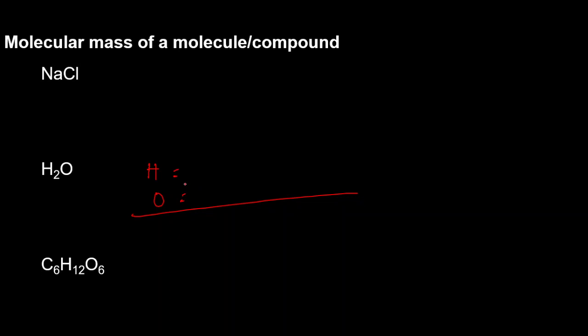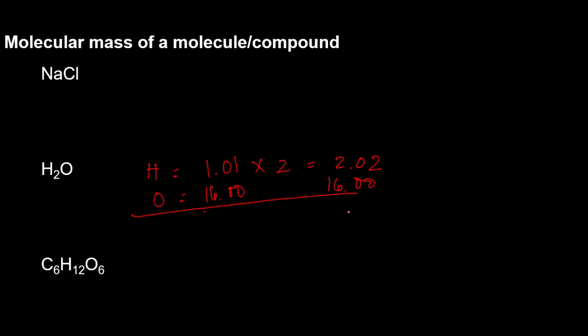The mass of hydrogen is 1.01, and the mass of oxygen is 16. There are 2 atoms of hydrogen, so we multiply the mass by 2, which is 2.02. We only have 1 oxygen, so no need to multiply.